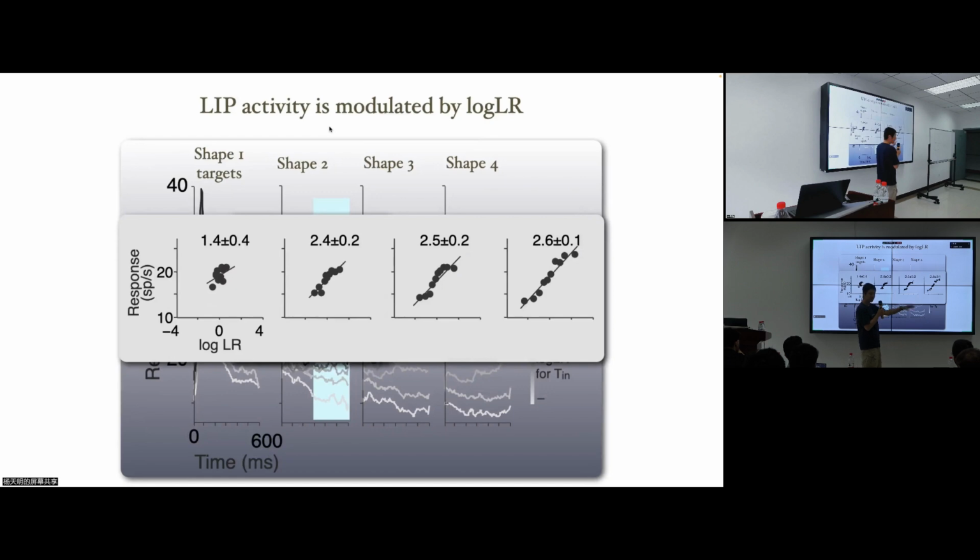But regardless of how many shapes there are, the relationship between the response and the log likelihood ratio seems to hold. The number here is the slope of the fitting line. The fact that these slopes are essentially the same means the neuron maintains a stable encoding of evidence across the accumulation.